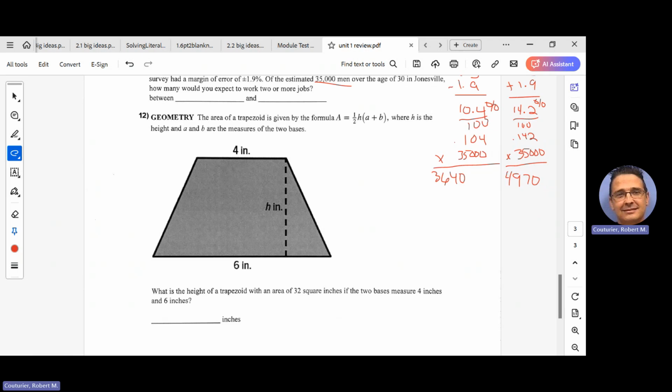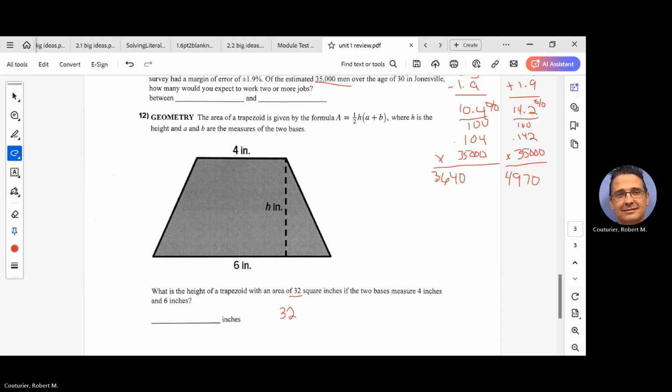What is the height of the trapezoid with an area of 32 square inches if the two bases are 4 and 6? So here, they're giving us the entire equation except for the H. We have the area, that's 32. We do not have H, we have A, could be 4, B is 6. So let's write out the equation with what we have.